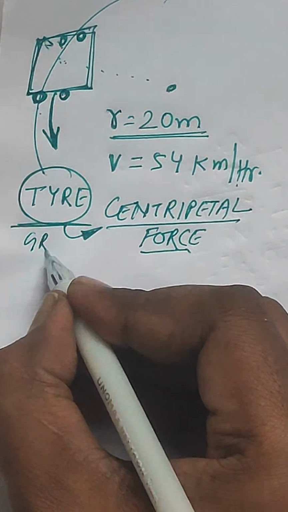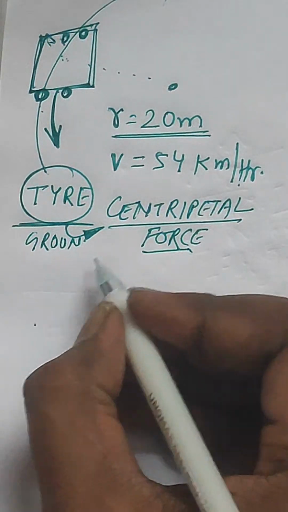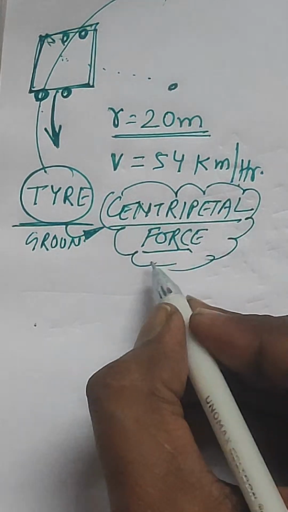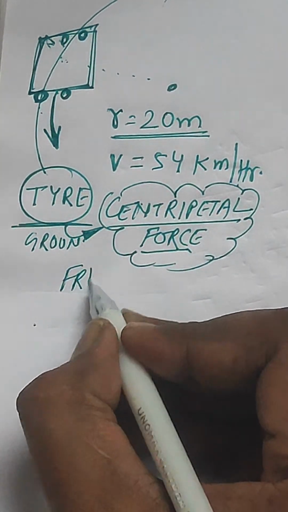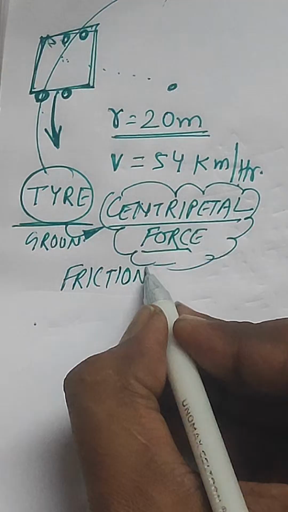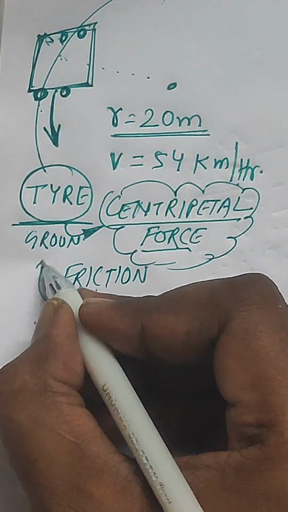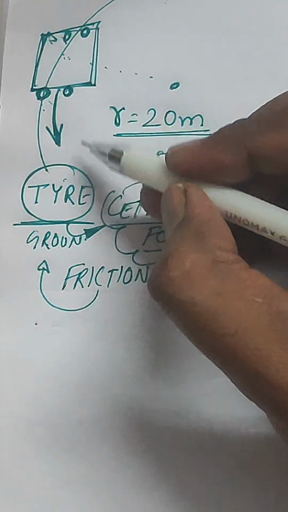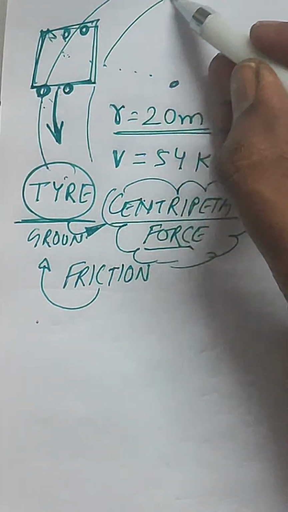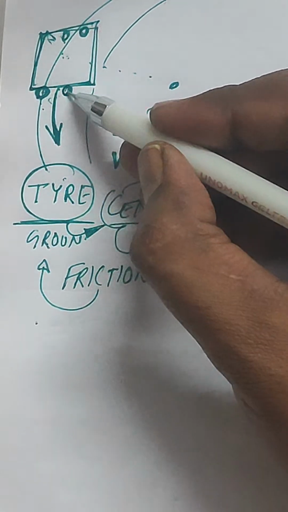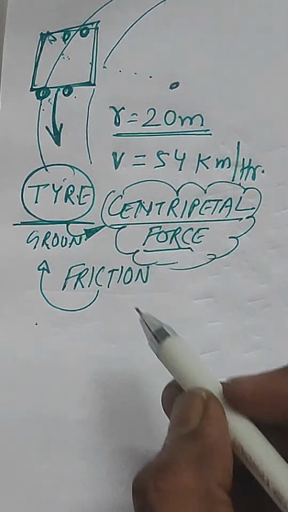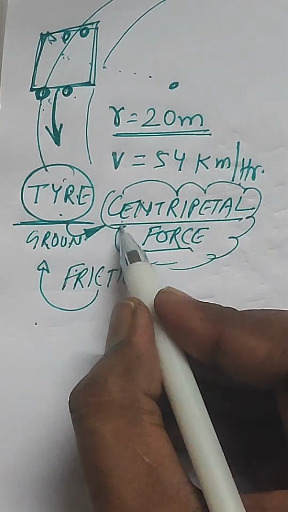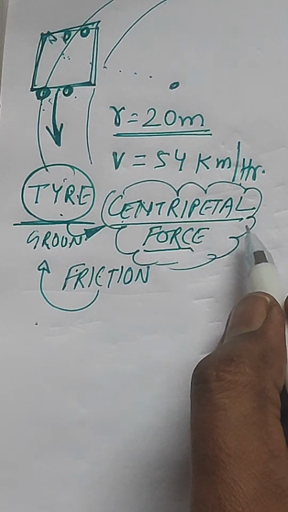This is the tire and this is the ground. And this centripetal force is provided by what? By the friction. Friction between the tire and the ground. This is the track of the car. The tires are on the road, so between the tire and the ground the friction will be there, and this friction will provide you the centripetal force.